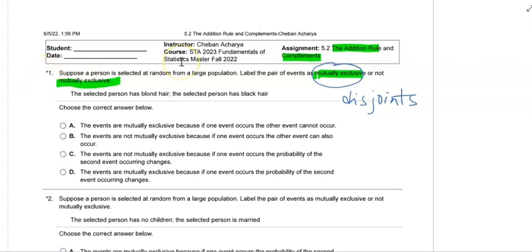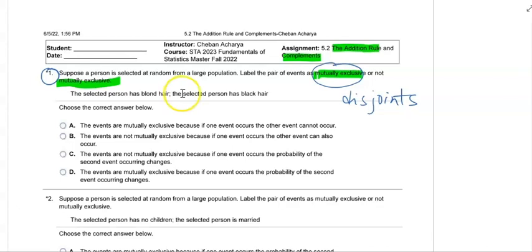Question number 1. Suppose a person is selected at random from a large population. Label the pair of events as mutually exclusive or not. The selected person has blonde hair. That's the first event.